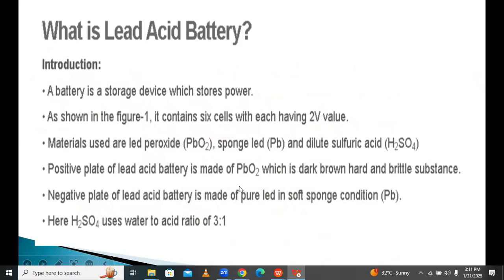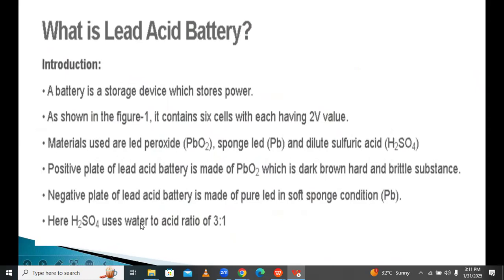So, some introduction regarding this. A battery is a storage device which stores power, and it has 6 cells, each cell at 2 volts. The materials are lead peroxide, PbO2, sponge lead, Pb, and the electrolyte is dilute sulfuric acid, H2SO4.